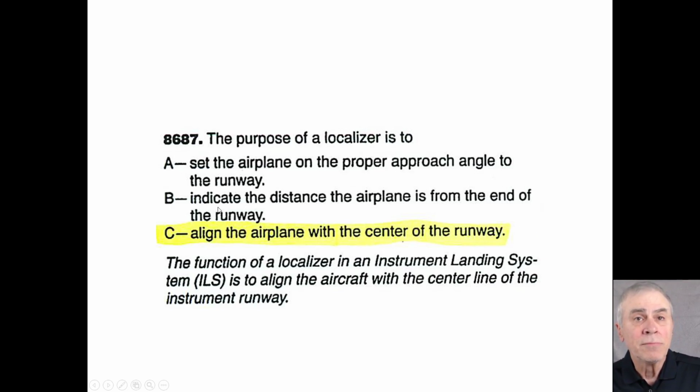There is part of the instruments that can actually read the distance that you are from the end of the runway, but that's not the purpose of the localizer, but that information can still be gathered. And I'm not sure if it is from the localizer transmitter, but luckily they don't ask us all that.